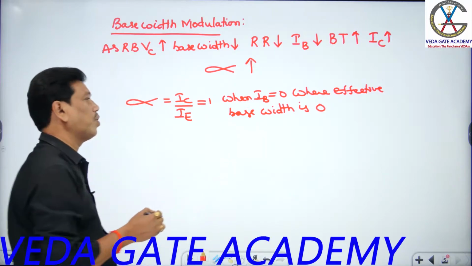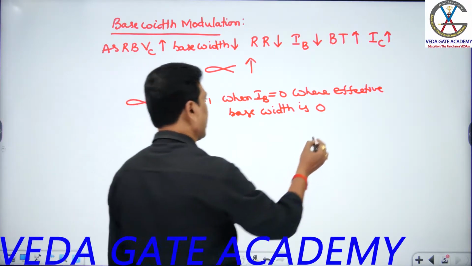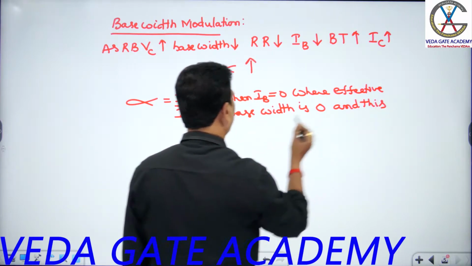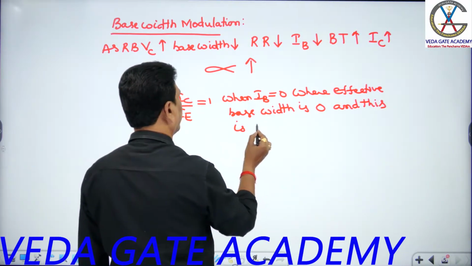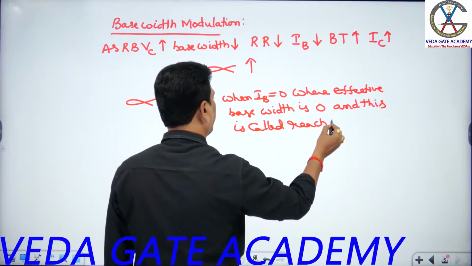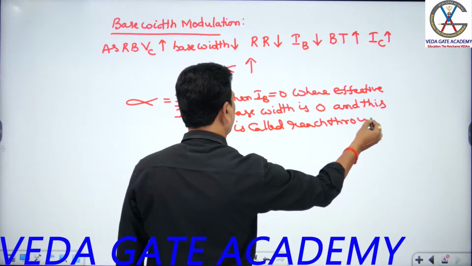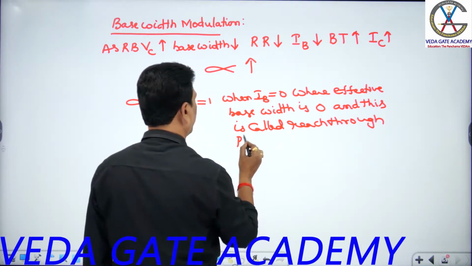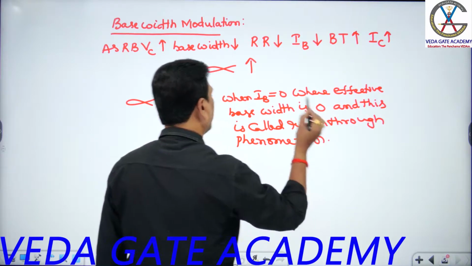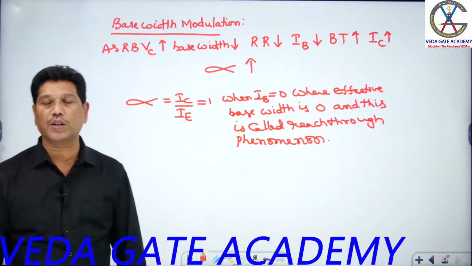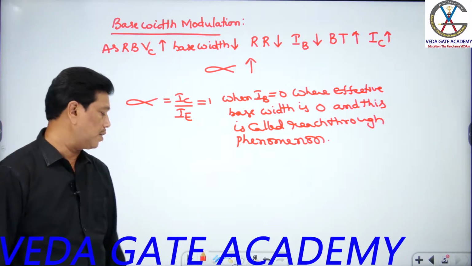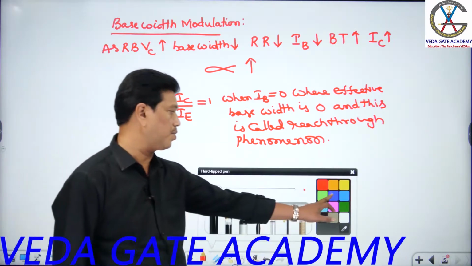This phenomenon is called the reach through or punch through phenomenon. Under this condition, as I told you, the BJT does not act as an amplifier. Understand this? Also, you discussed the expression for collector current, students.